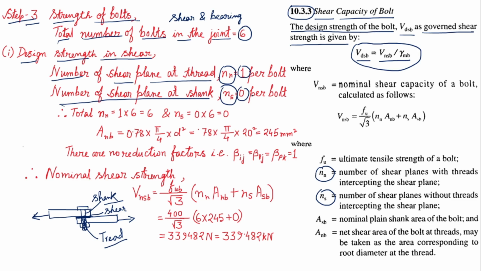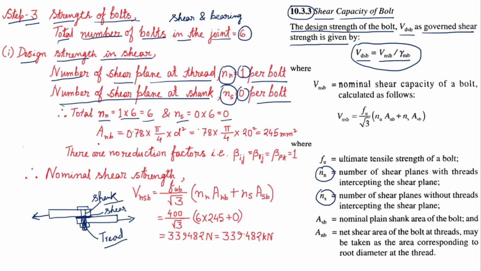The number of shear planes at the shank is 0 and at the thread is 1. These values are 1 and 0 per bolt. As I have 6 bolts, the total NN is 1 into 6, equal to 6. So NS is 0.